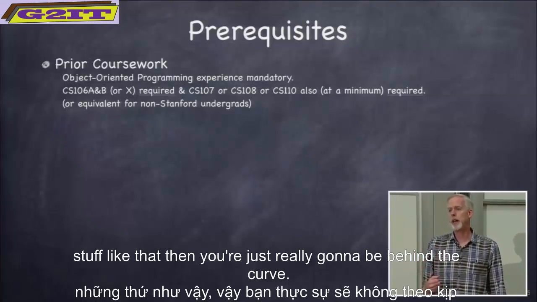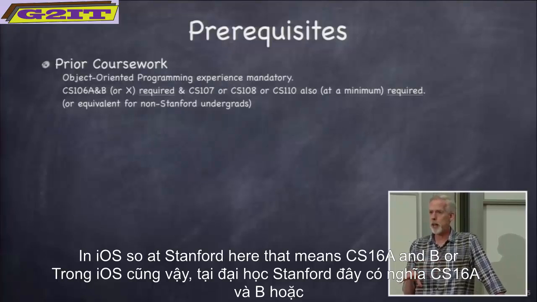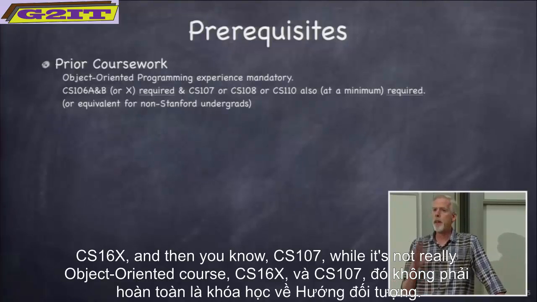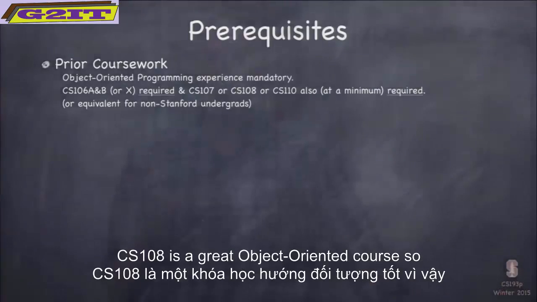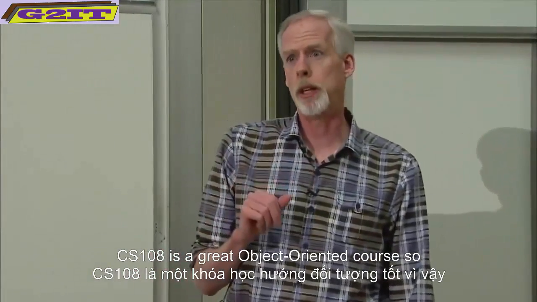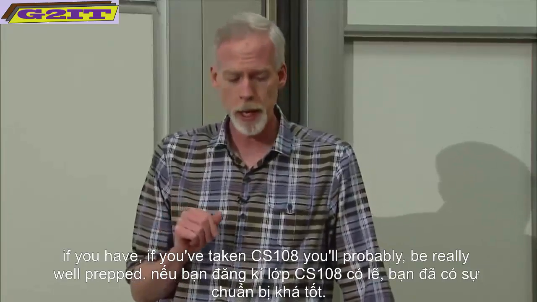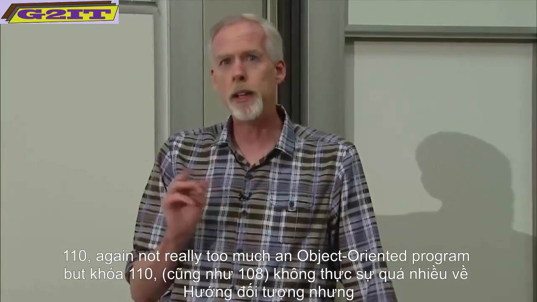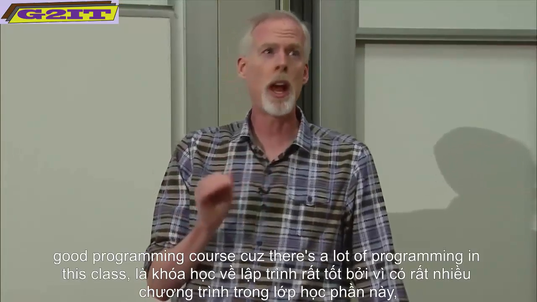So at Stanford here, that means CS106A and B or CS106X, and then CS107, while it's not really an object-oriented course, at least it's a heavy-duty programming course. CS108 is a great object-oriented course. So if you've taken CS108, you'll probably be really well prepped. 110, again, not really too much an object-oriented course, but a good programming course, because there's a lot of programming in this class.